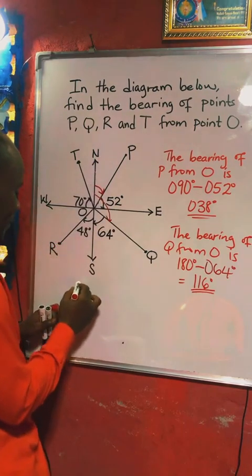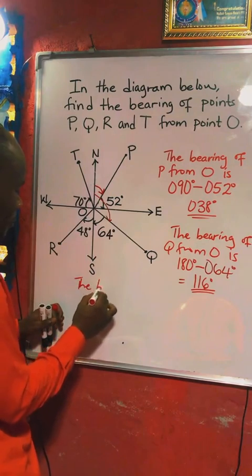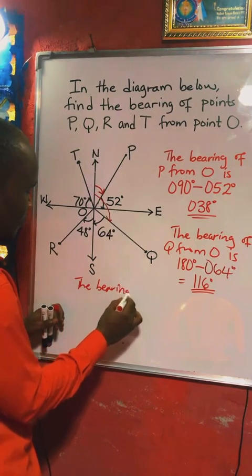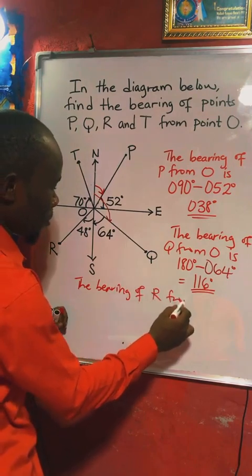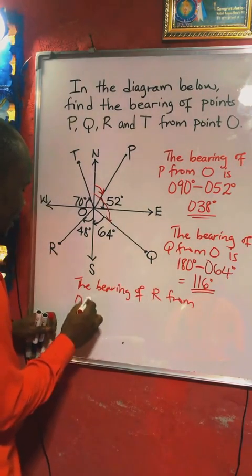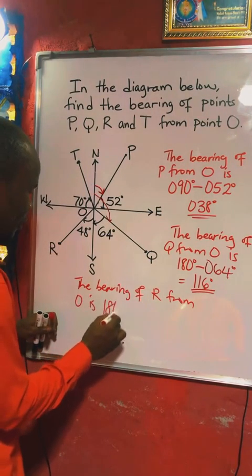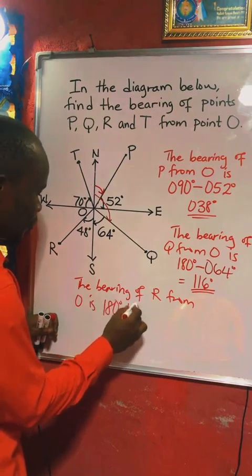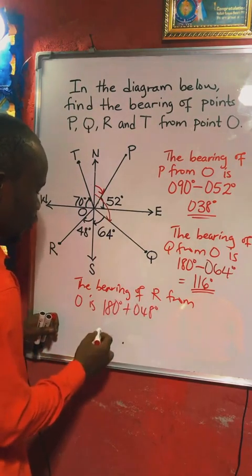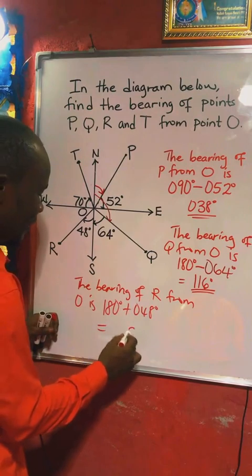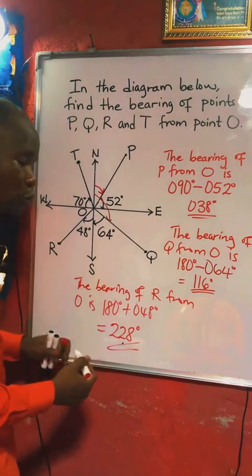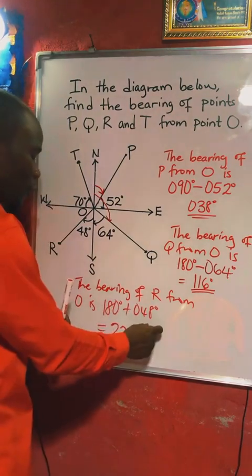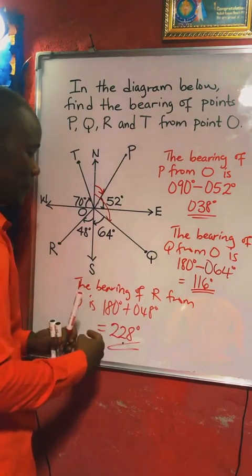So we can say the bearing of R from O is 180 degrees plus 048 degrees. When you add this, you have 8, you have 2, and you have 2 here. So you have 228 degrees here. 048 degrees plus 180 degrees.